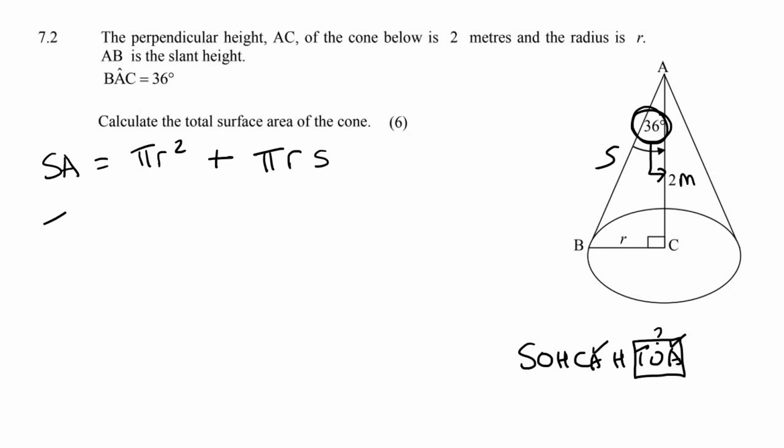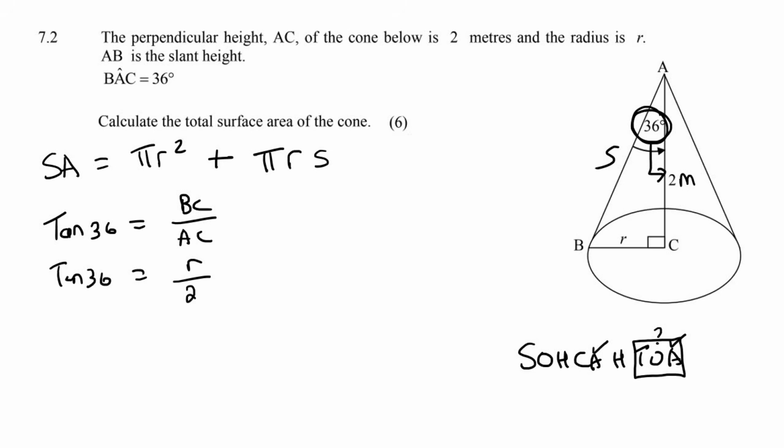So the way that we'll do this is we'll say that tan of 36 is equal to opposite over adjacent, so R or BC over adjacent, which is AC, and that then becomes tan 36 is equal to R over 2.